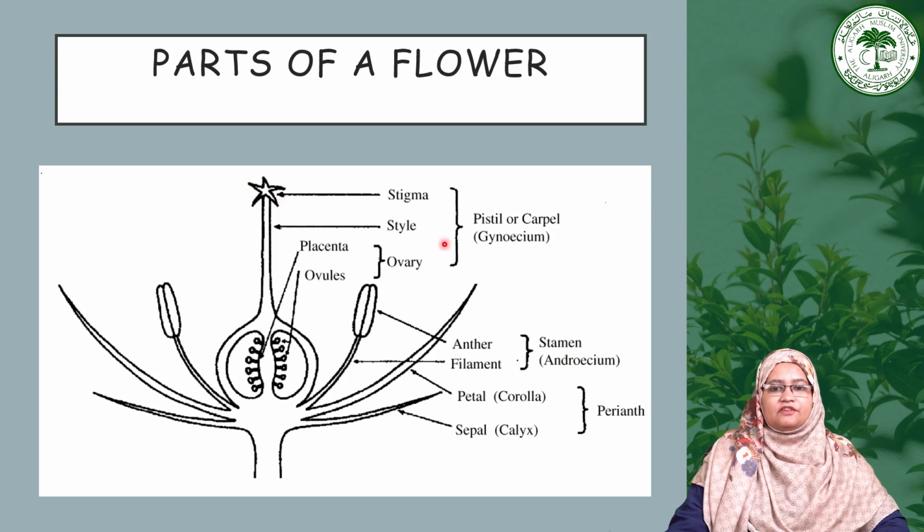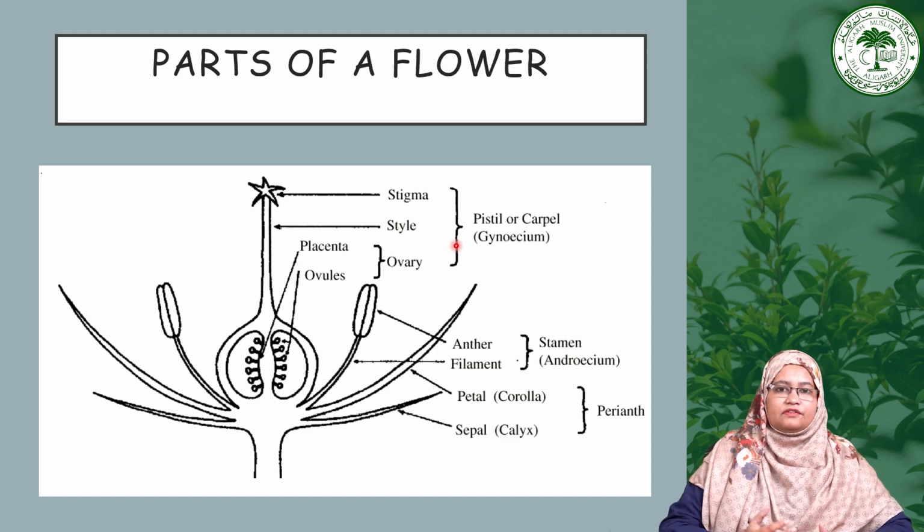So these are the main four organs of the flower: the calyx, corolla, androecium and gynoecium, of which two are the reproductive parts, the stamens and gynoecium, while two are the accessory organs, the calyx and corolla. All of these four organs are modified forms of a shoot. That's why a flower is called a modified shoot.